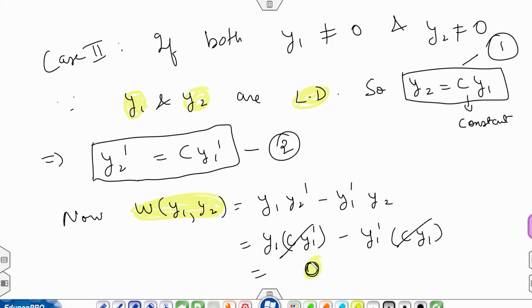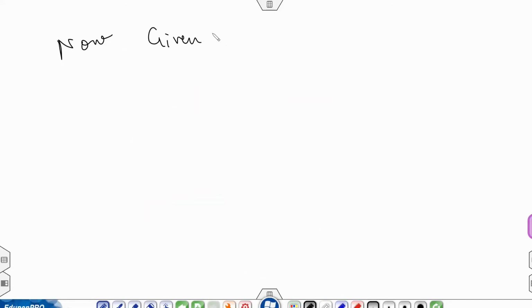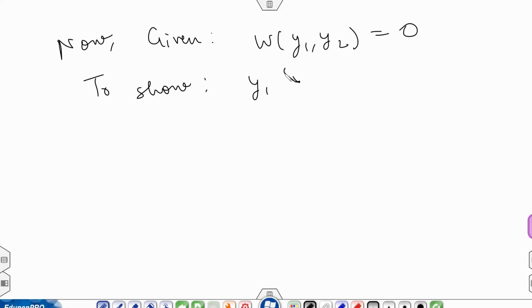Now we will prove that if I have the information that the Wronskian is 0, then y1 and y2 will be linearly dependent. So let the Wronskian of y1, y2 be equal to 0; to show y1 and y2 are linearly dependent.